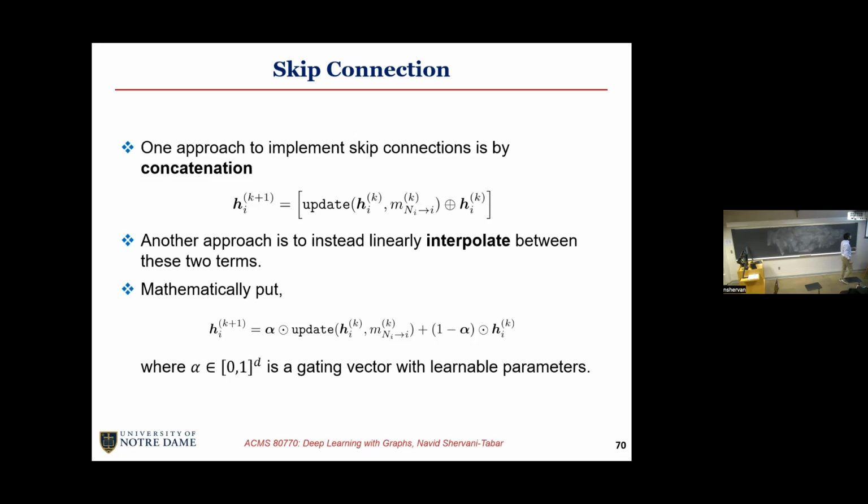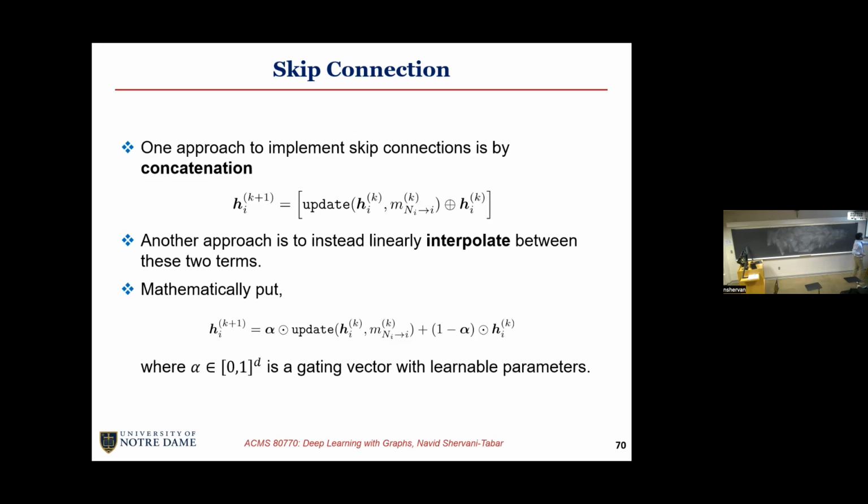So now, if you see, our alpha is going to be between 0 and 1, and what that means is that we are essentially interpolating between this update value and this h_i^k. So these are the two ends of a spectrum.